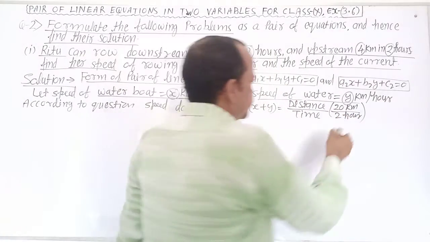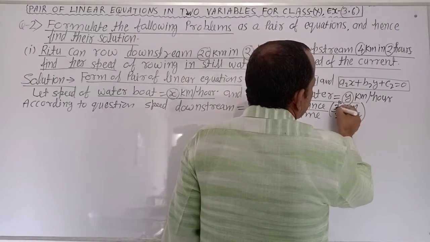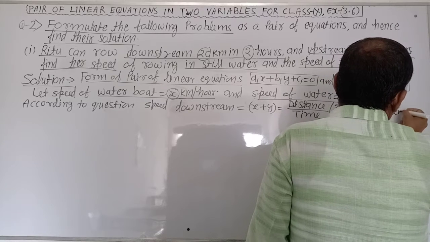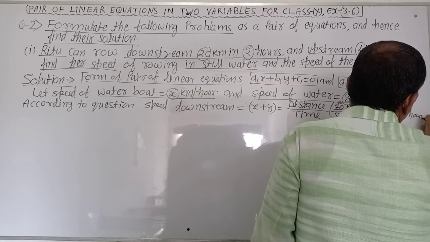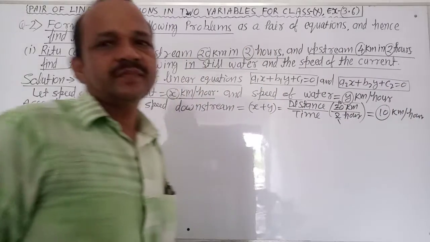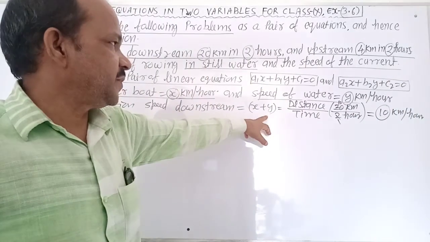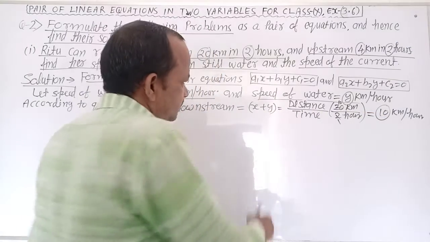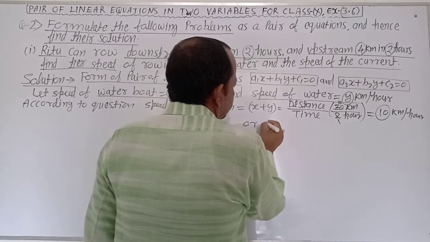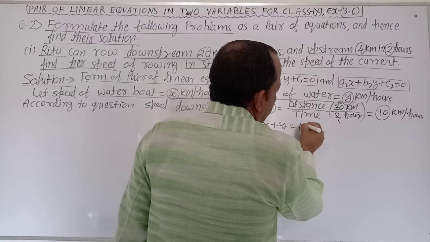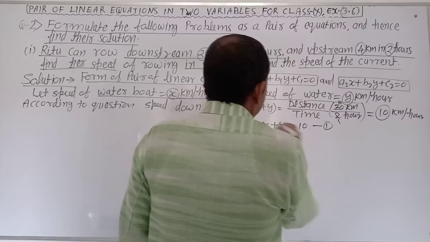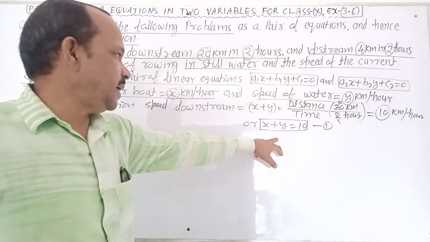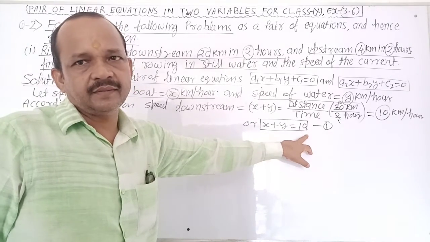You can cut it: 2 ones are 2, 2 tens are 20. It becomes 10 km per hour. x plus y equal to 10 km per hour, or x plus y equal to 10. Equation first. Clear?